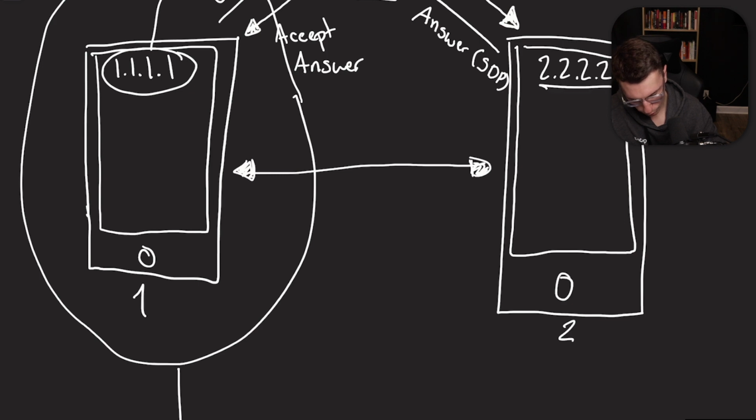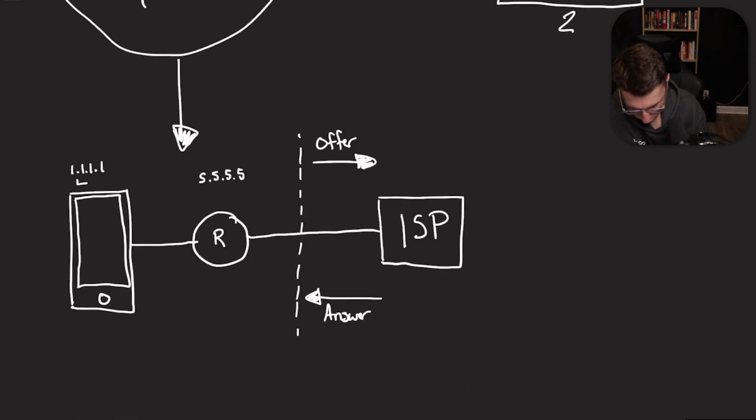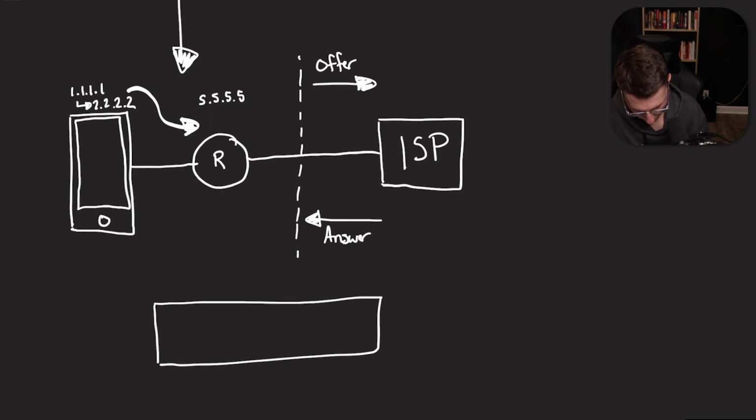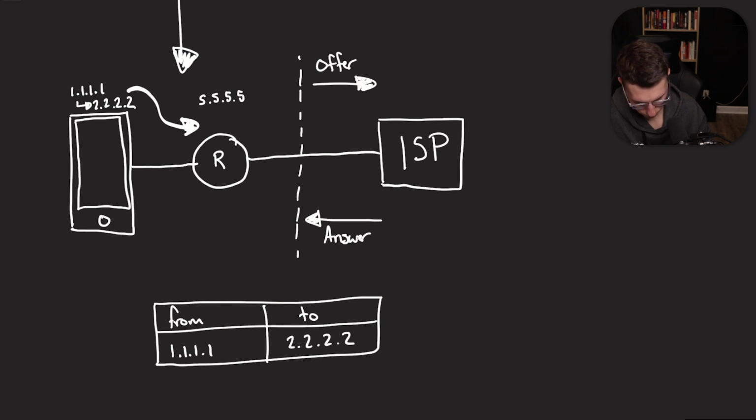So the way the NAT works, again, we have this device 1.1.1.1 trying to communicate with this device 2.2.2.2. We send the message to the router. The router then creates something called a NAT table. So you could pretty much think of a little database that says from and to. So we're going from 1.1.1.1 to 2.2.2.2. So that public IP then gets hidden by the router.